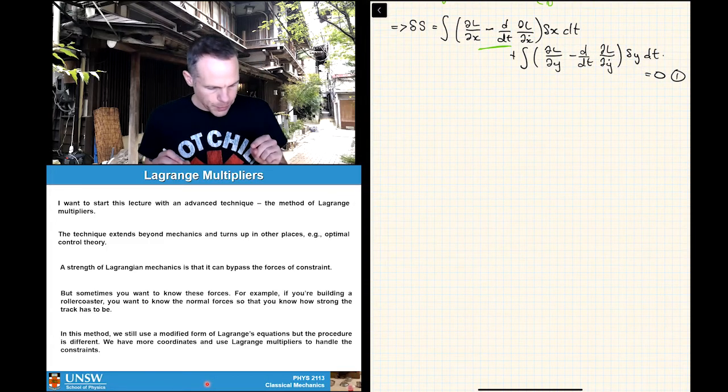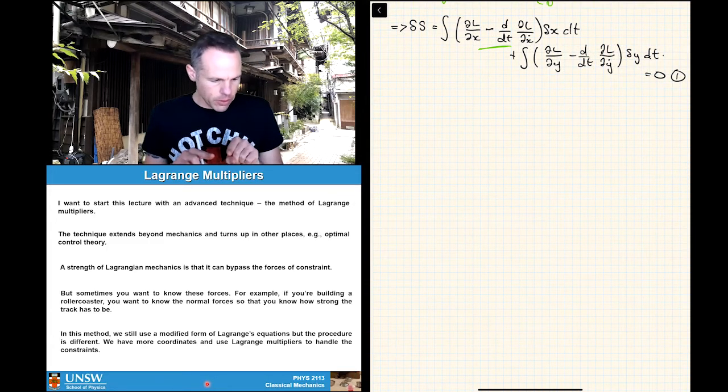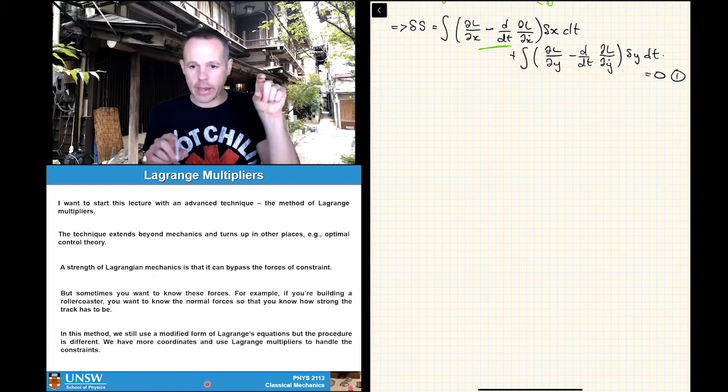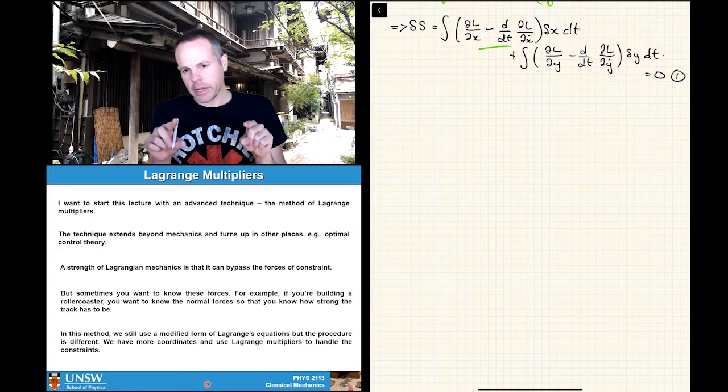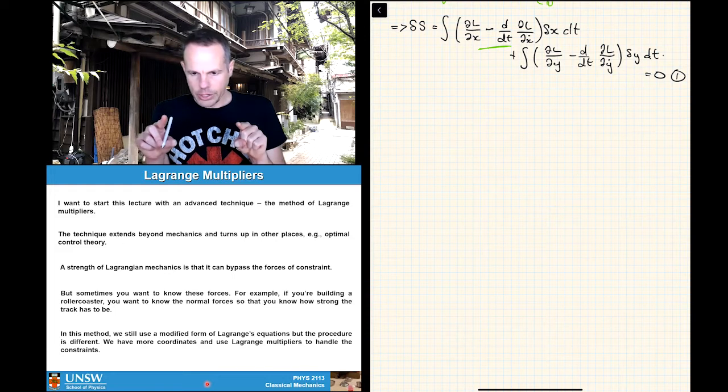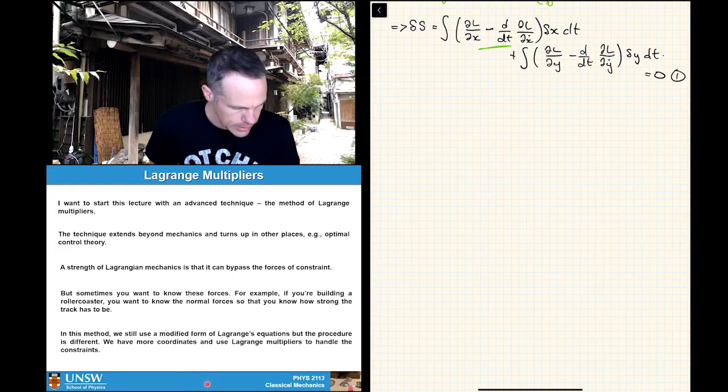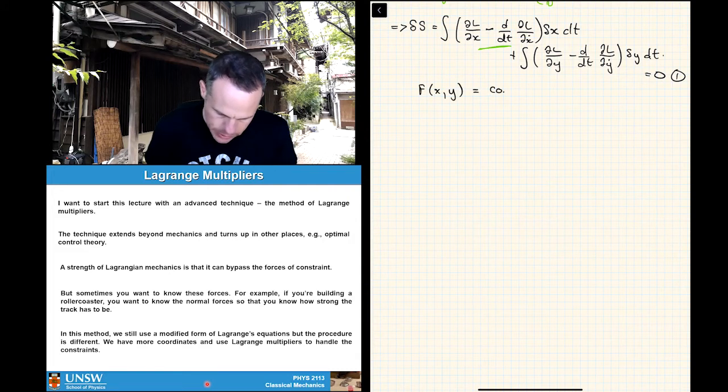Since all points concerned with a particular constraint equation satisfy f of x and y equals a constant, because that's our constraint equation, then if we make a displacement, we maintain the constraint equation. So f of x and y is equal to a constant.